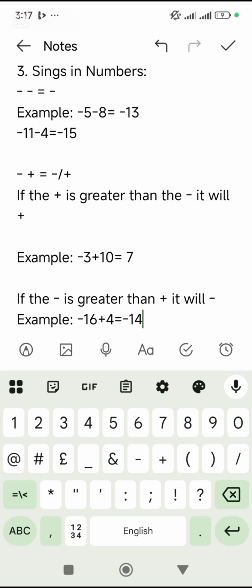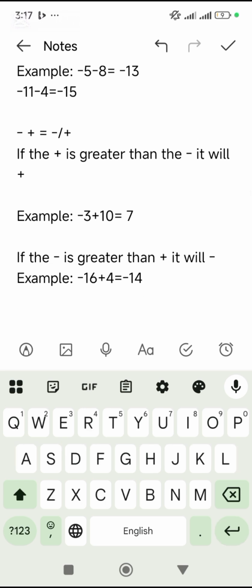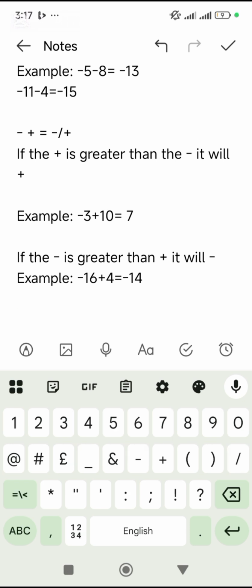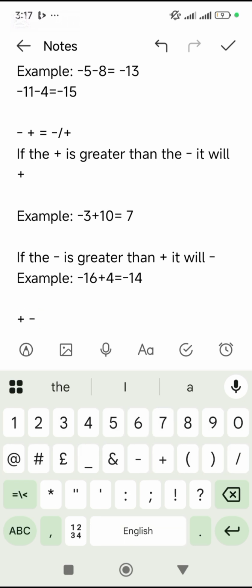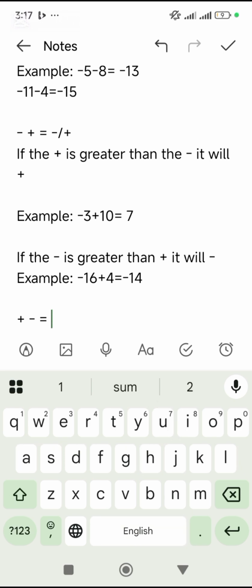All right, so another example is if you have plus and minus. Again, plus and minus could mean different things.